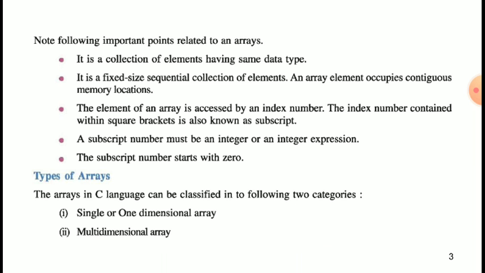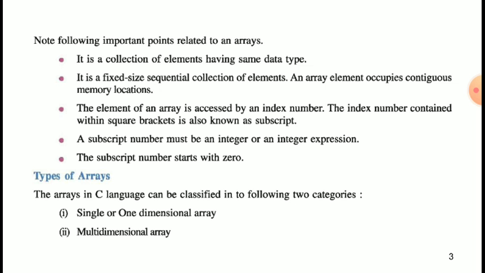The element of an array is accessed by an index number. The index number contained within square brackets is also known as a subscript. A subscript number must be an integer or an integer expression. The subscript number starts with 0. So that is an important point related to array.